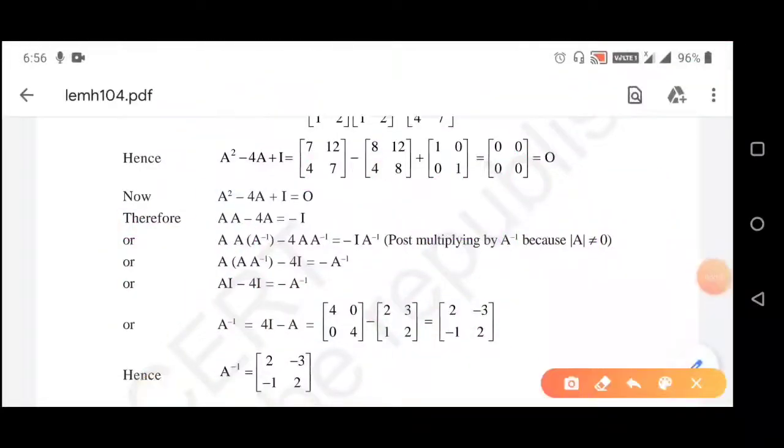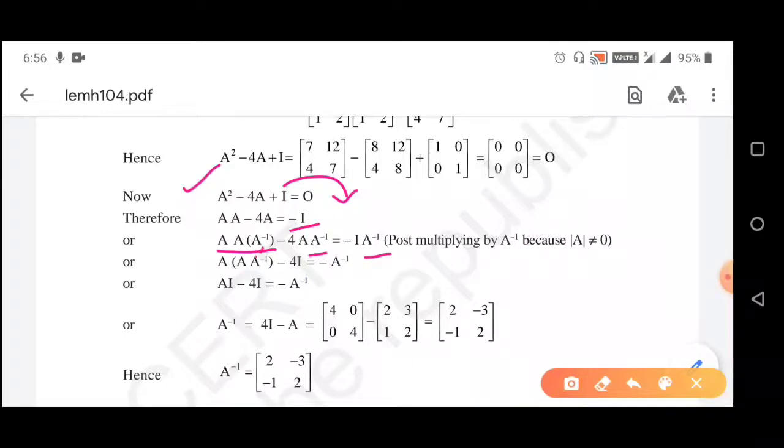Now we will find A inverse from this equation. So for that we have taken identity matrix I to the right hand side, so it will become minus I. Now we will multiply both sides of the equation with A inverse and we will do post multiplication. So here we have written A inverse, here also A inverse, and here also A inverse.